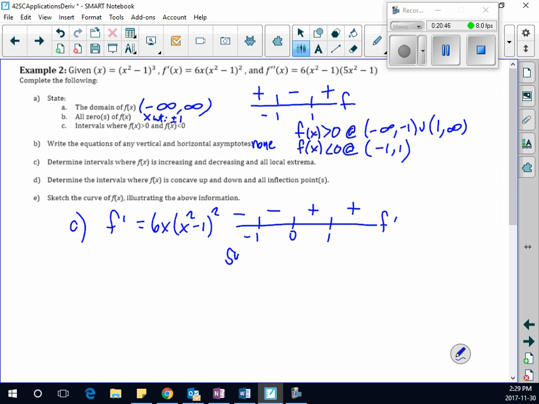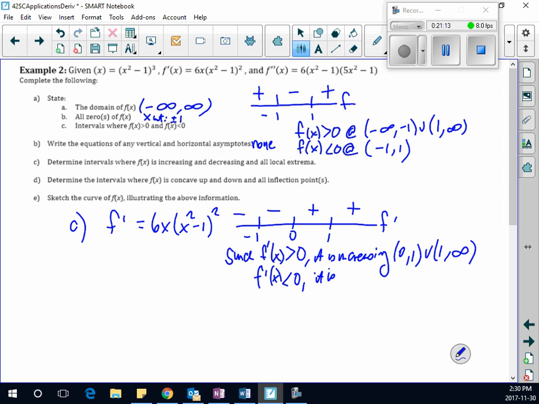Since f prime of x is greater than 0, it is increasing on 0 to 1 and 1 to infinity. Yes? Since f prime of x is less than 0, it is decreasing on negative infinity to negative 1, and negative 1 to 0.